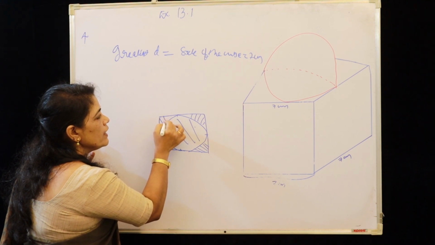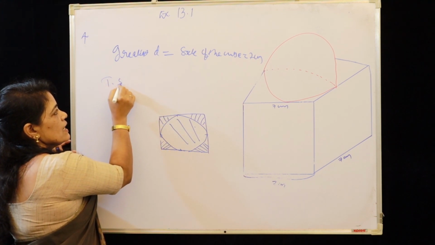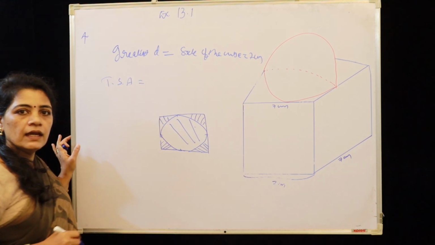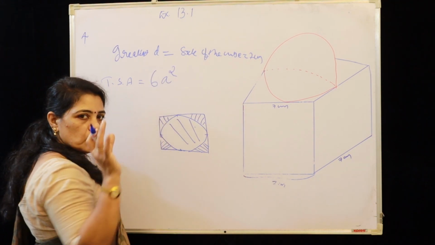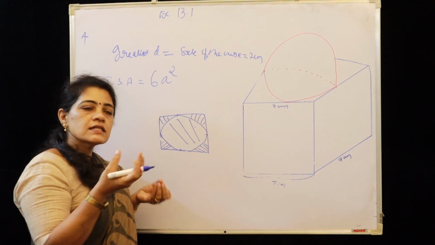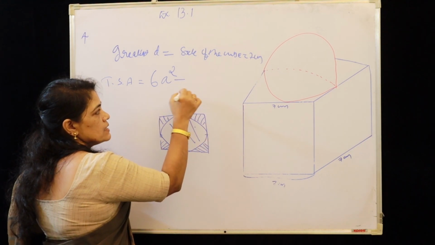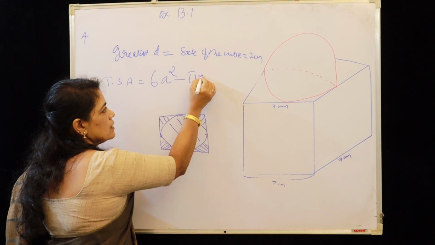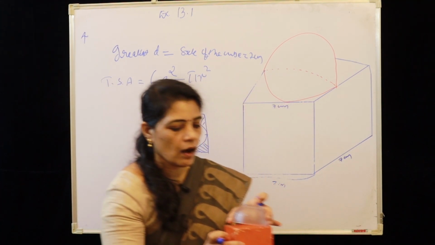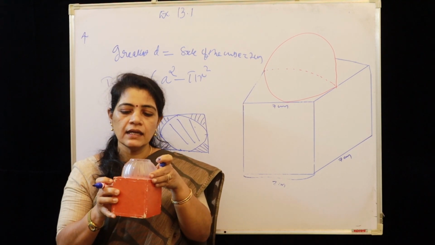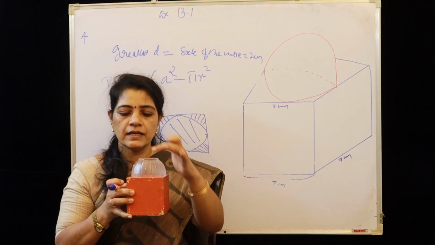How can we express that? The TSA of the solid will be: you can take the TSA of the cube, that is 6a square, and subtract the area of the base, that is pi r square. Now you have the exact area of this cube and these 4 places.